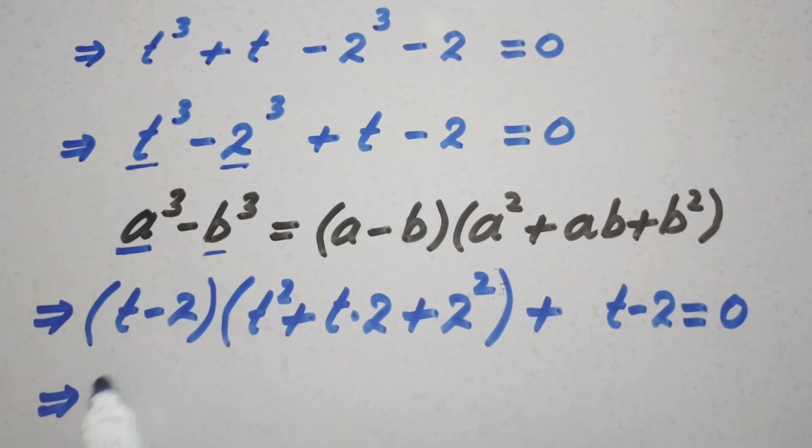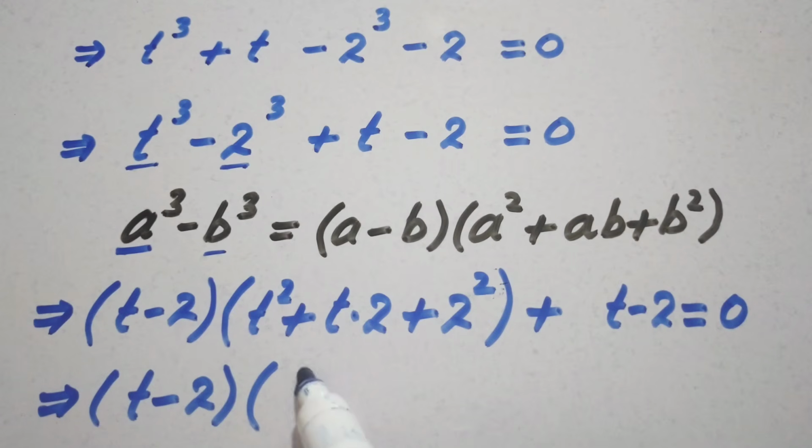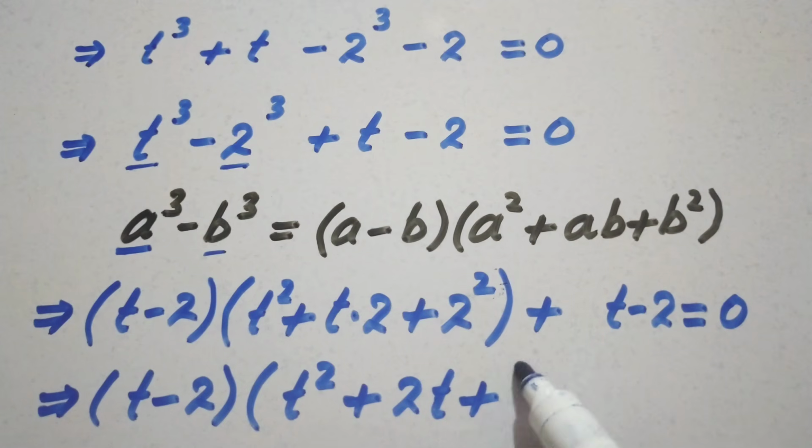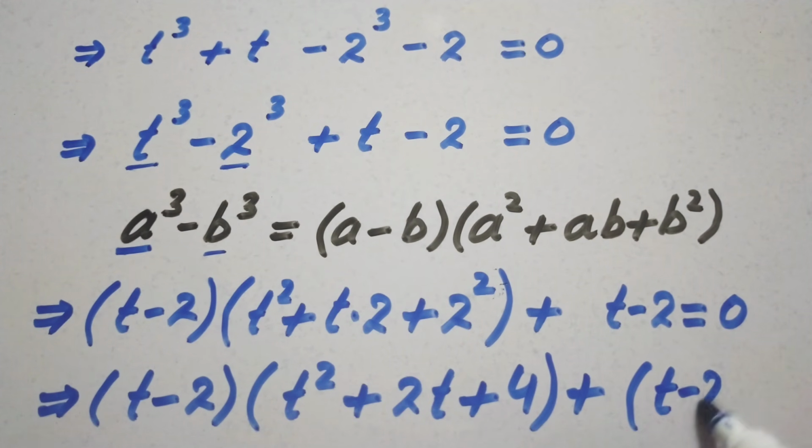This implies t minus 2 into t squared plus 2t plus 2 squared, 4, plus t minus 2 is equal to 0.